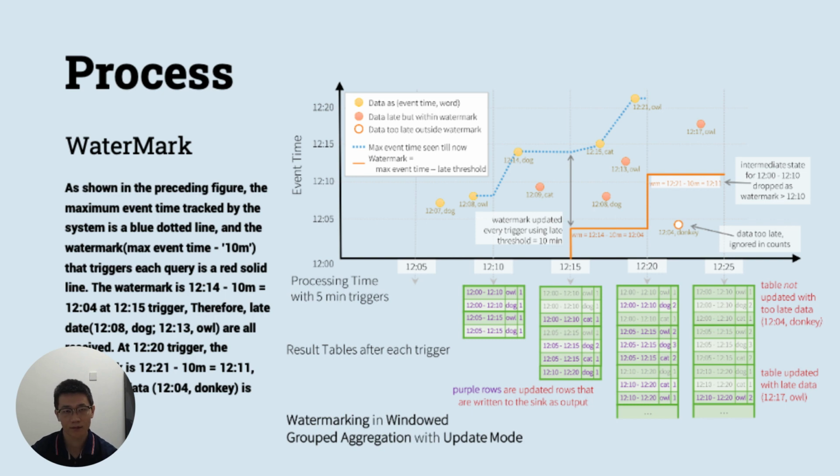Data generated before 12:04 will be discarded. To summarize, at 38:46, we discard the 12:04 data because it had too much delay, and we only consider the 12:17 data. This is reflected in the updated state at 38:55.